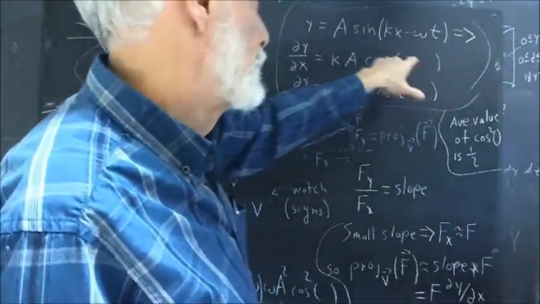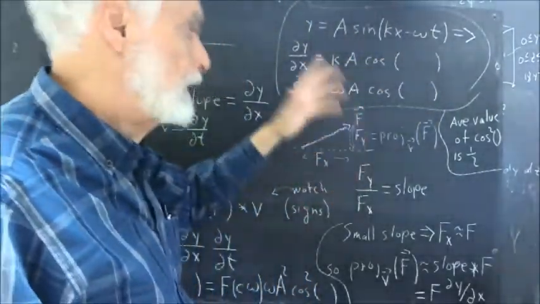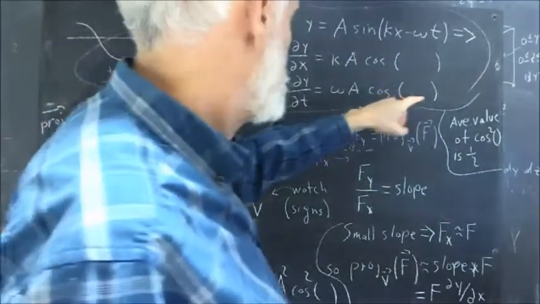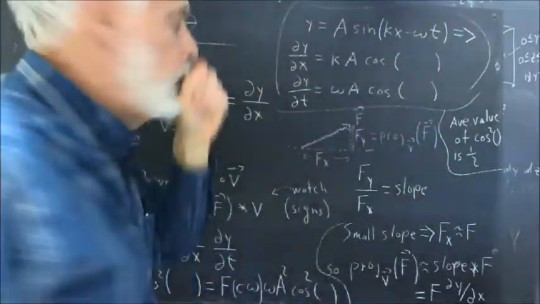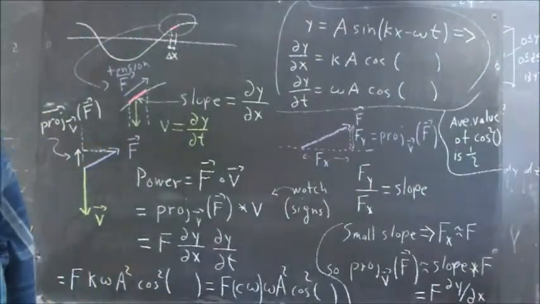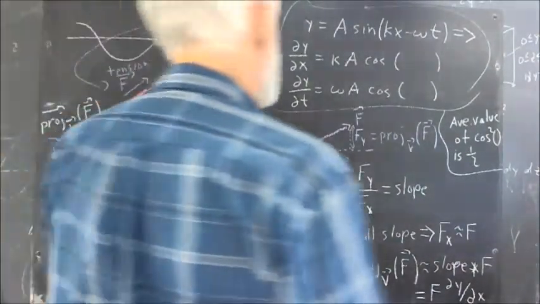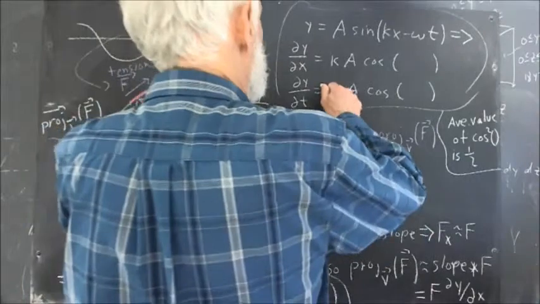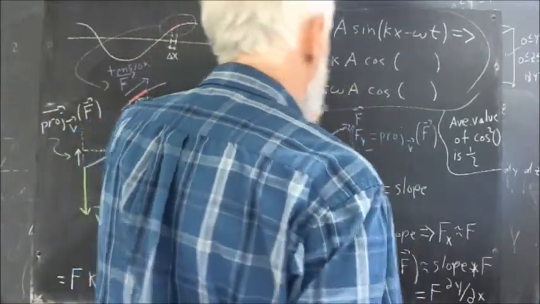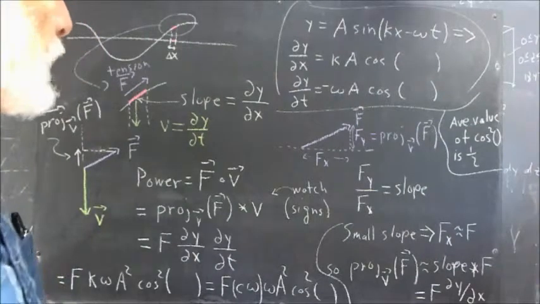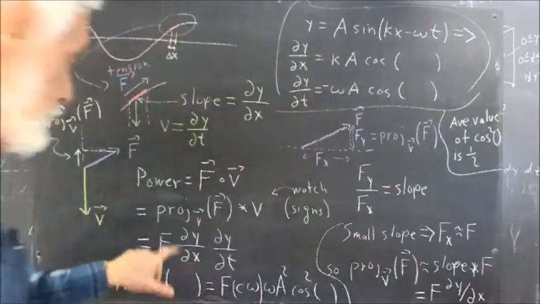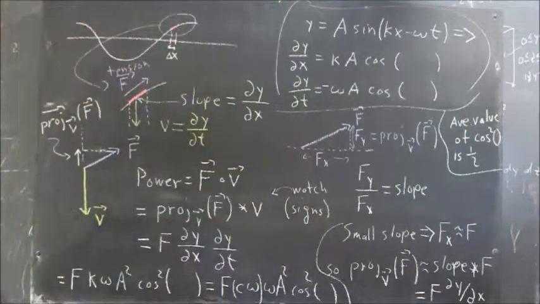Now, I'm not going to write out the kx minus omega t to conserve space, but that's what's going to go inside of these parentheses at any point. And partial y with respect to t for this function would actually be negative omega a times the cosine of kx minus omega t. So we plug those in. I said those backwards.